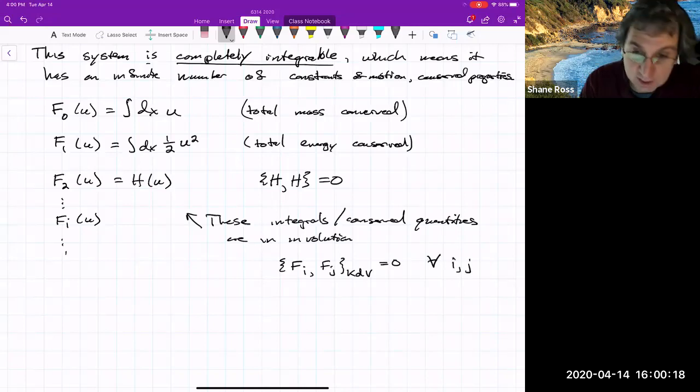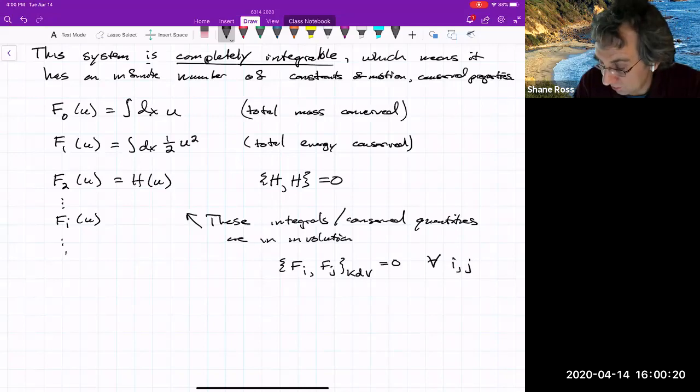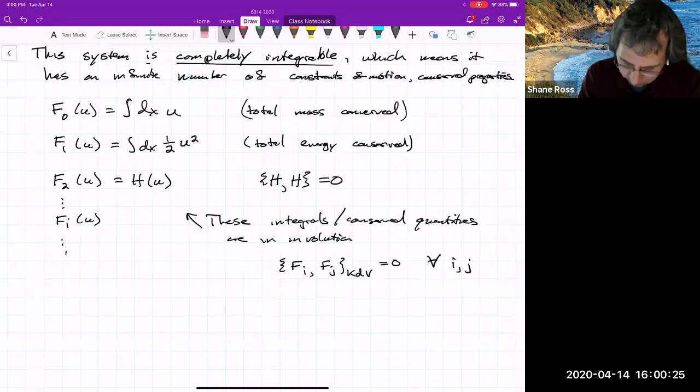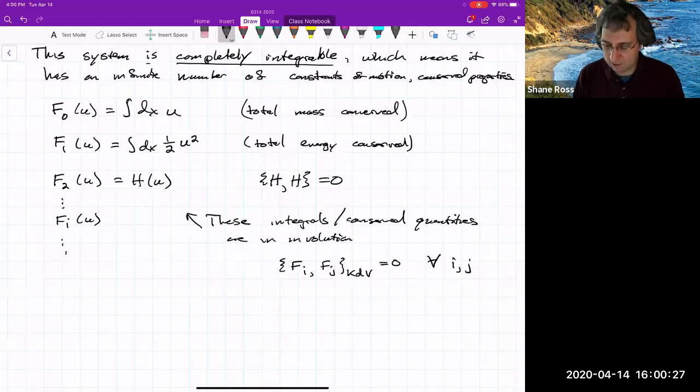And there's an infinite number of them. So good luck verifying all of them. I think for the homework, you're asked to go through F0 through F3 or something.